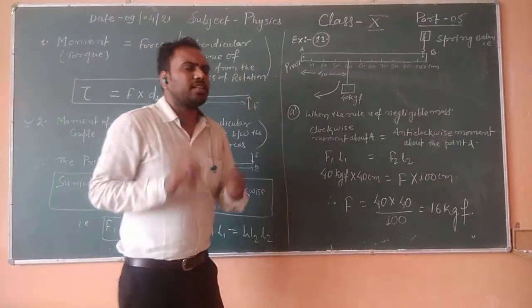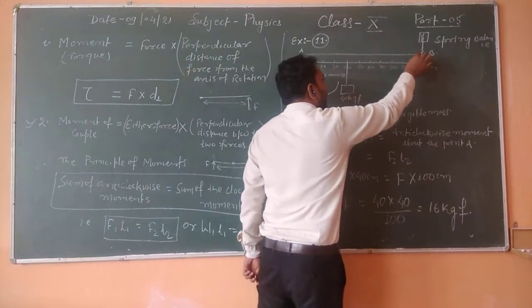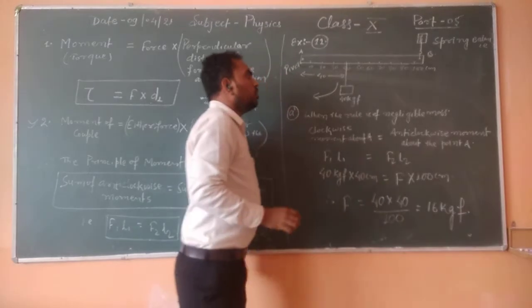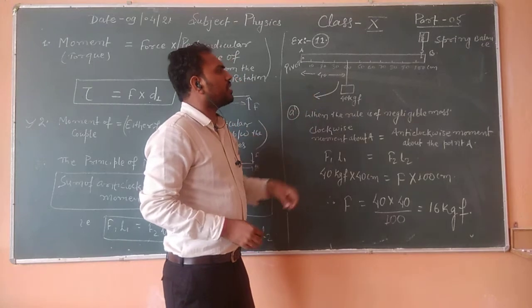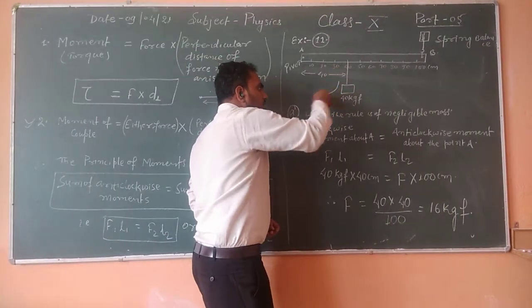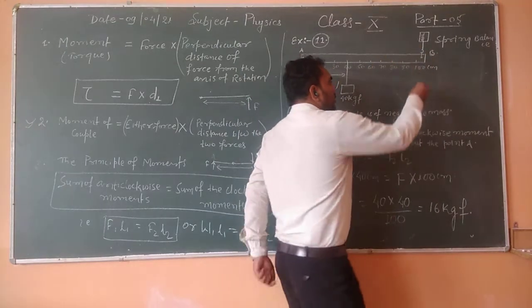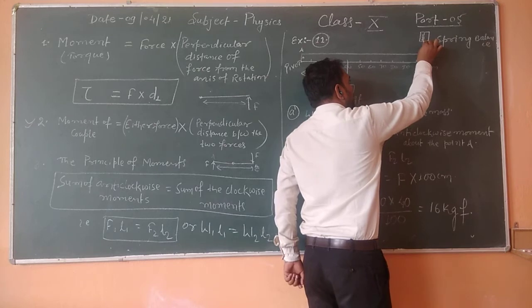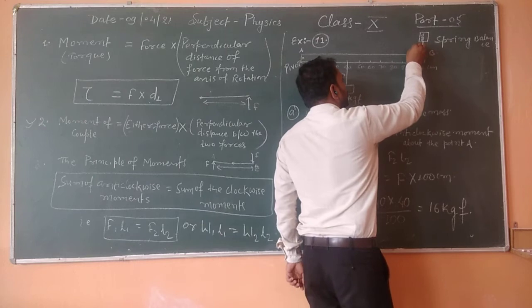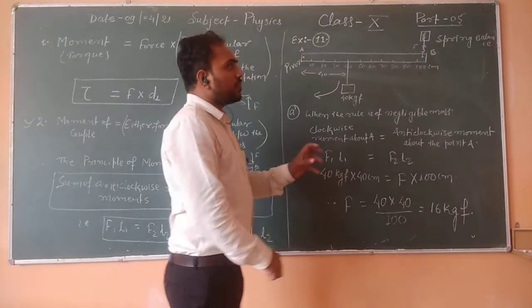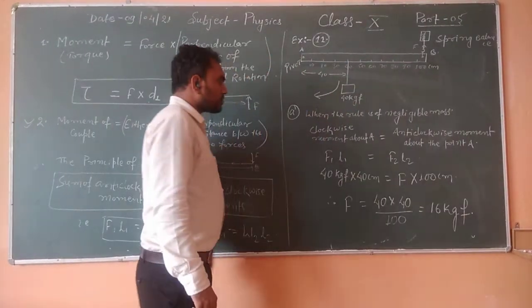If B, the end of the ruler, were disconnected here, it would come down because this weight would bring it down and lower it. But it is connected, so some force is acting here, definitely. You have been asked this force: what amount of force is applied at the spring balance so that the ruler will not come down.